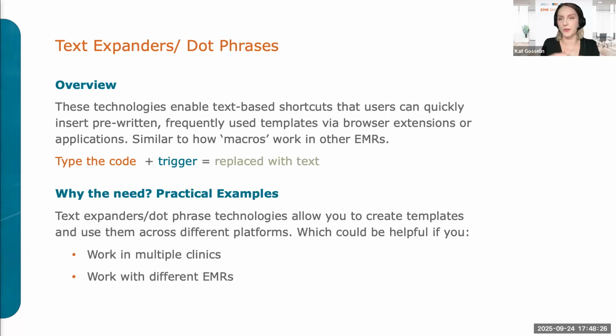So it'll travel with you if you're at multiple different clinics. But if you're at one clinic using the same EMR, we would probably advise against a text expander because it would almost be duplication of work, because you could set up your templates in Oscar instead. But if you are going to multiple Oscars, or Oscar and MedAccess or Oscar and Akuro, and you just want to have consistency in template creation, a text expander might be a good option for you.